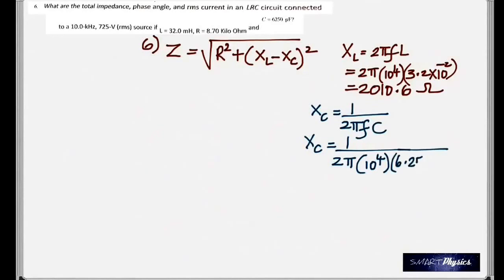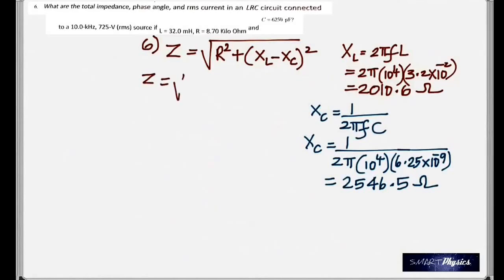Capacitance is 6,250 picofarad, which is 6.25 times 10 to the negative 9. And I get that as 2546.5 ohm. Then put it back into the formula for impedance.